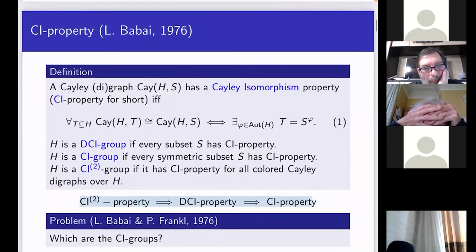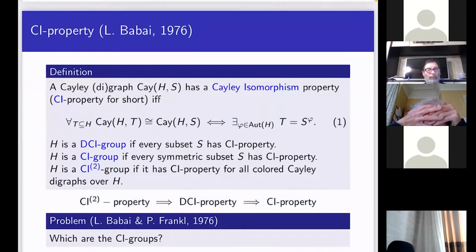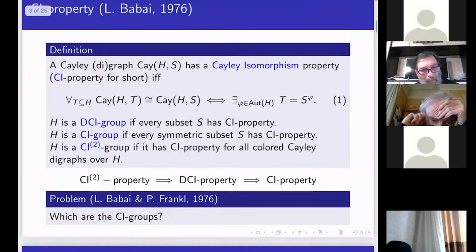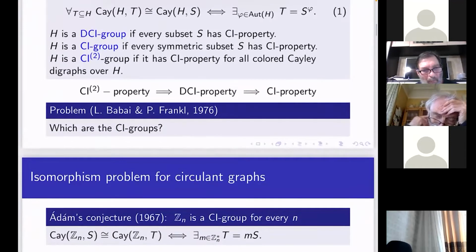And the following problem was formulated by Babai and Frankl 45 years ago: which groups are CI groups? Although the problem was formulated in 76, the first shot in the area of the isomorphism problem for Cayley graphs was made 10 years earlier by Ádám, who formulated his conjecture in 67.